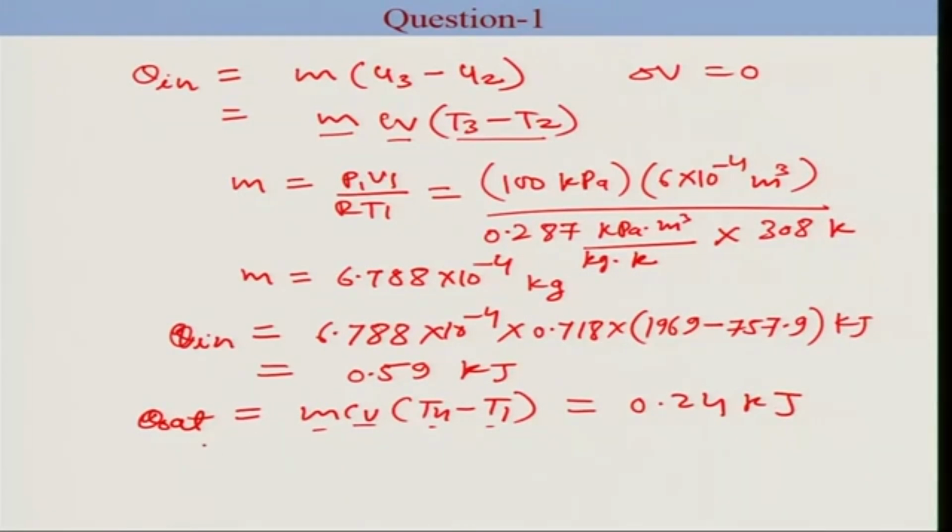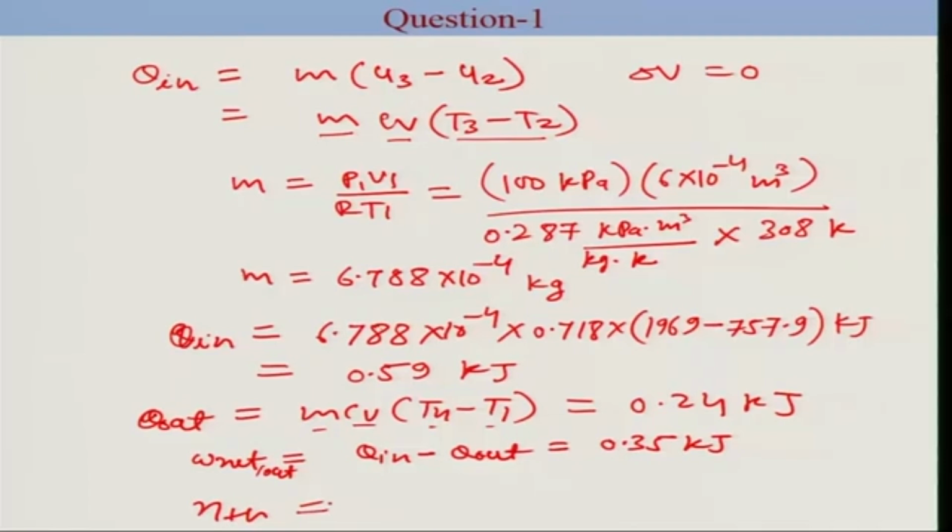And W net out will be equal to Q in minus Q out. So this gives 0.35 kilojoule. So now thermal efficiency would be W net out divided by the total heat going into the cycle. So from here we get 0.35 upon 0.59.